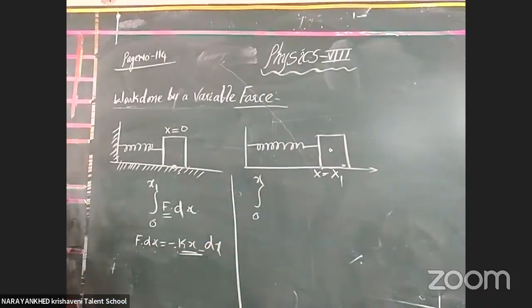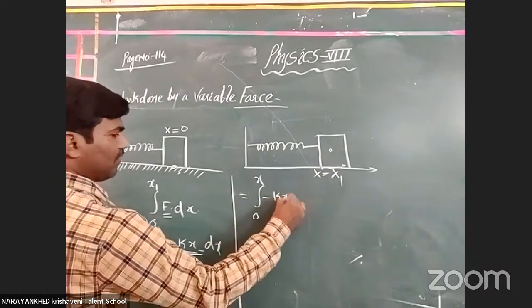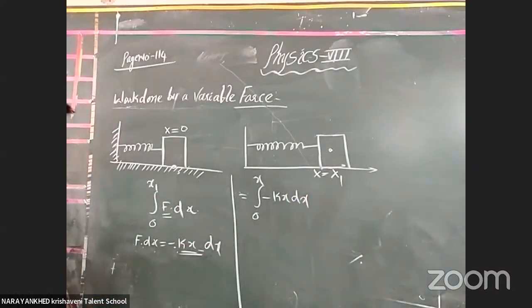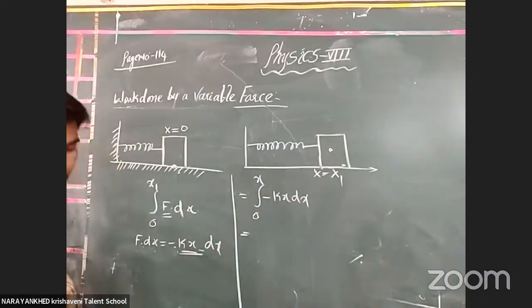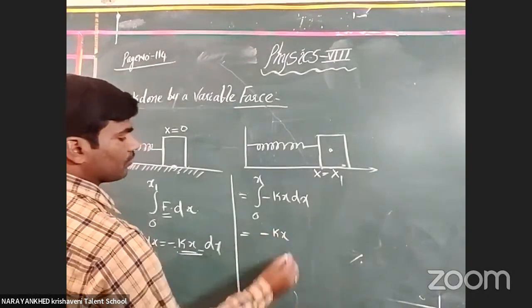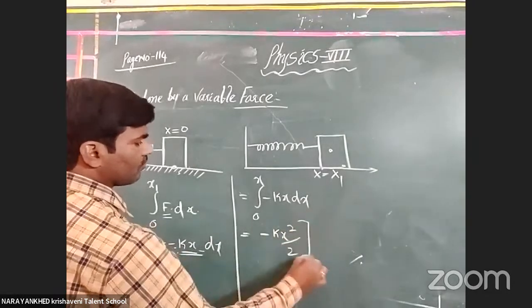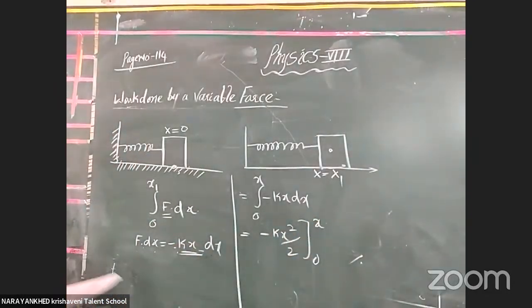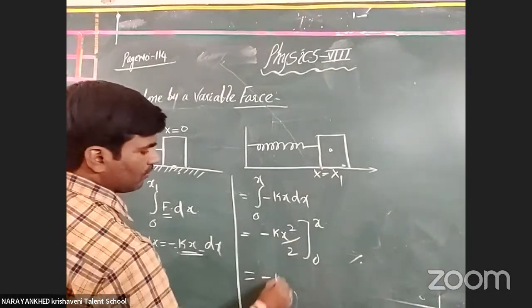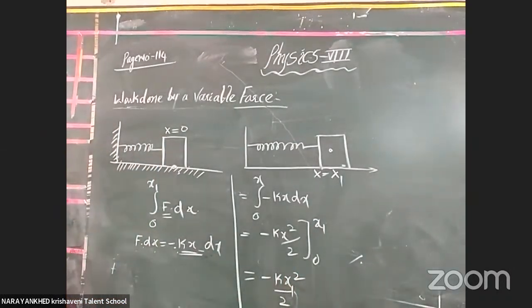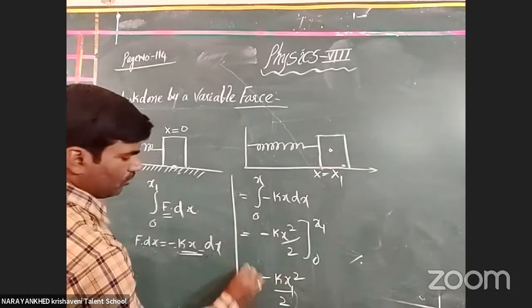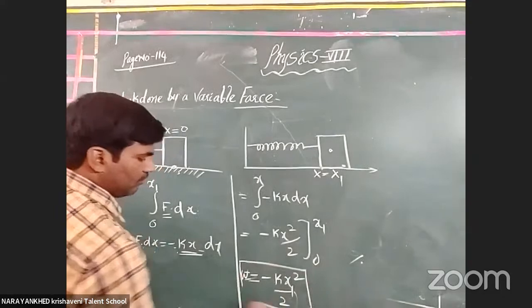Integral from 0 to x1 of minus kx into dx, which gives minus k x squared by 2 from 0 to x1. So the work done is W is equal to minus k into x square by 2.